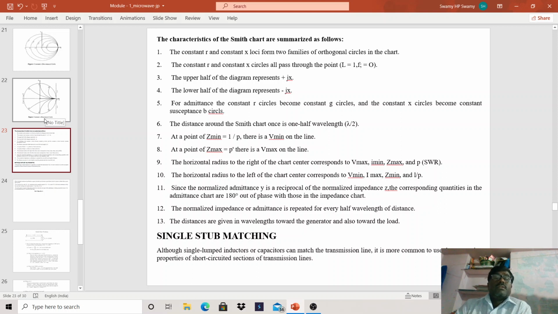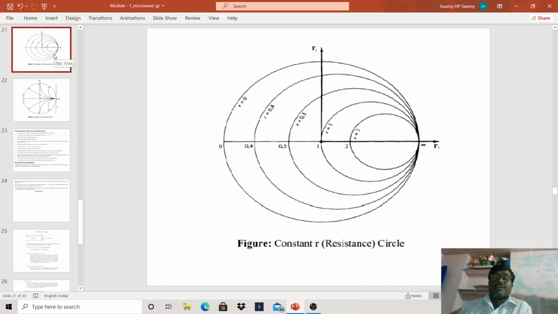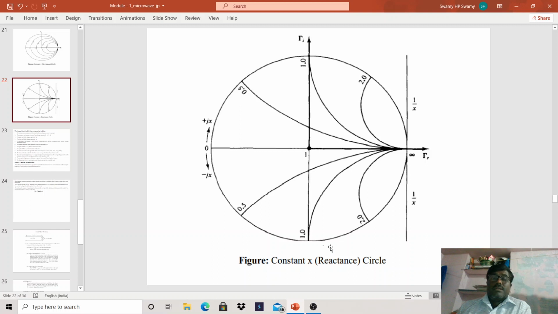The constant R and the constant X circles pass through the point L equal to 1, or gamma equal to 0. This is the constant R circle, and this is the constant X circle.